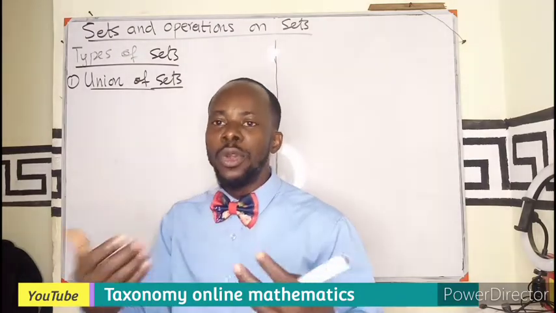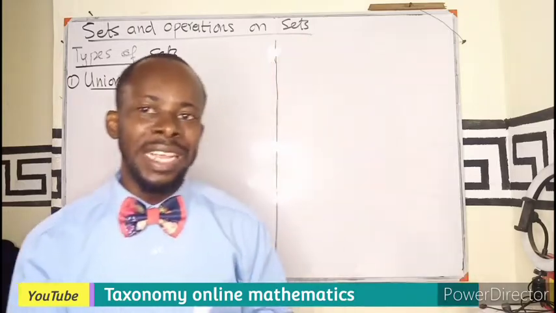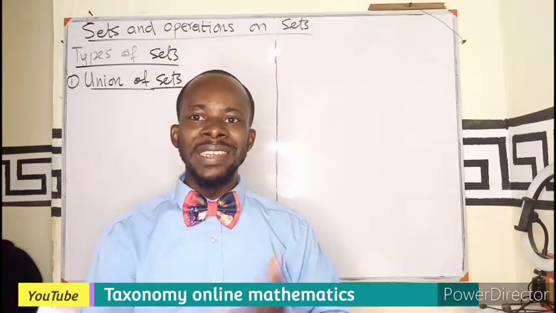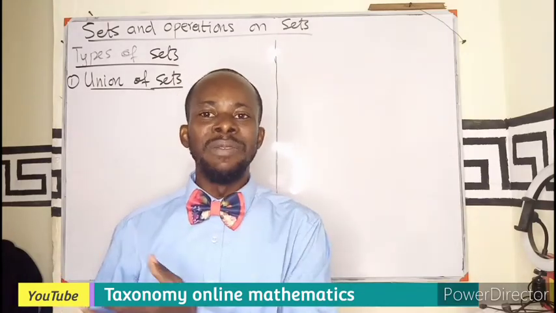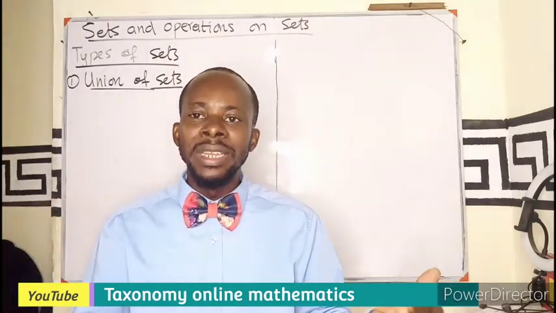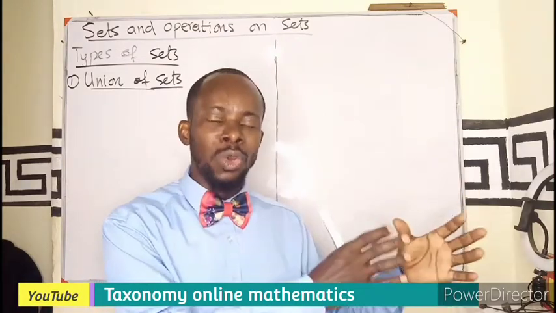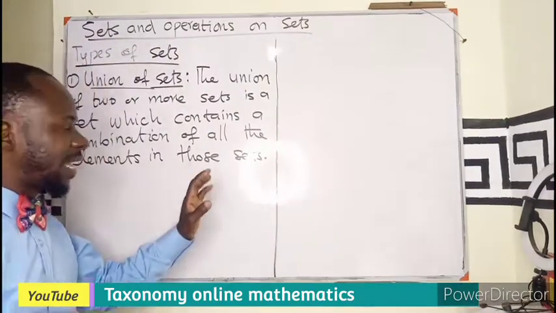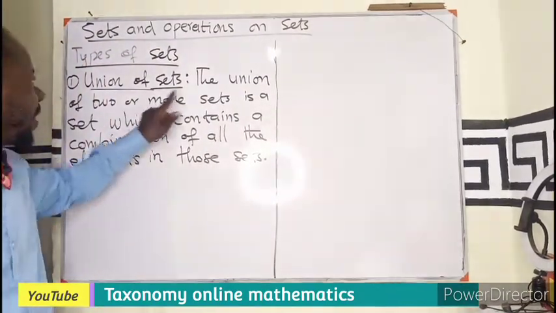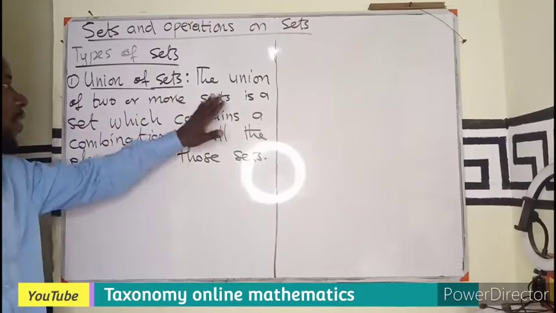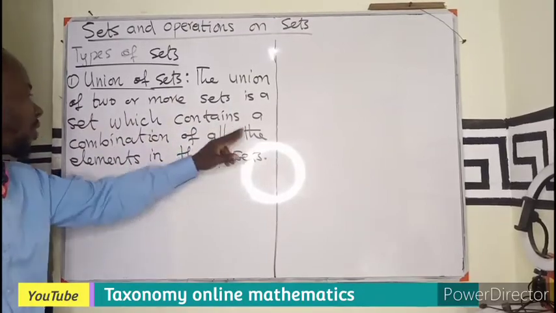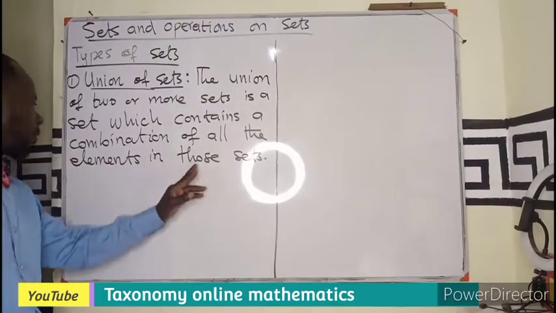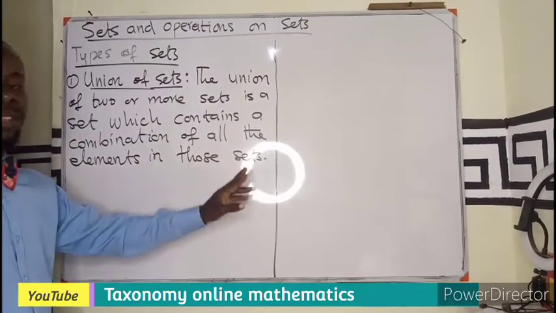Now when we talk of the union of a set, that is just the combination of two or more sets. If we have a set A, set B, set C, and I'm finding the union of the three sets, it means putting all the elements in those sets together. By definition, the union of two or more sets is the set which contains a combination of all the elements in those sets.